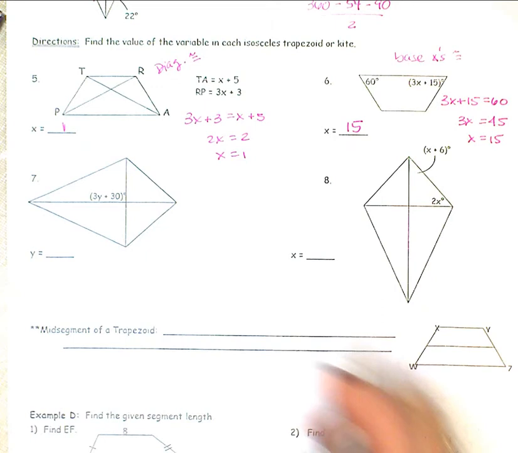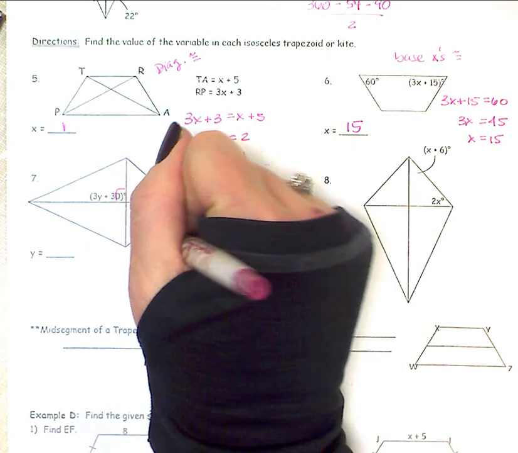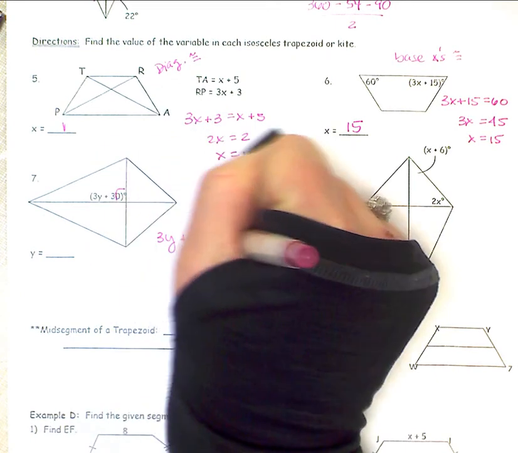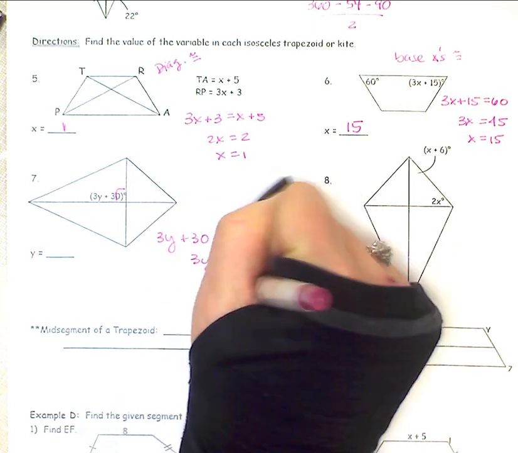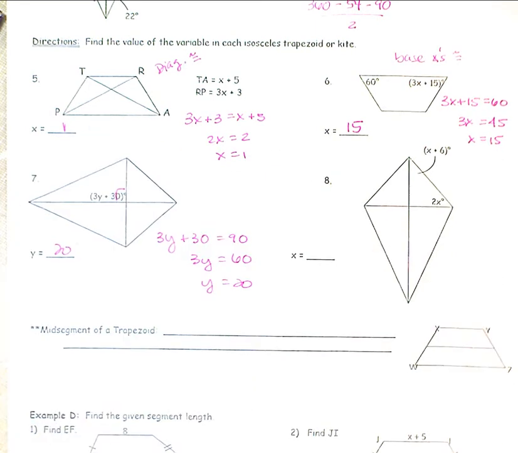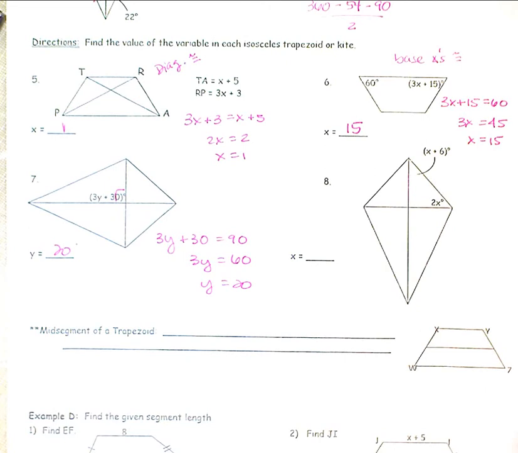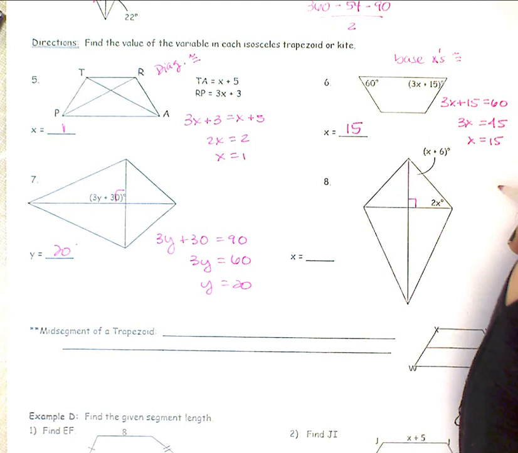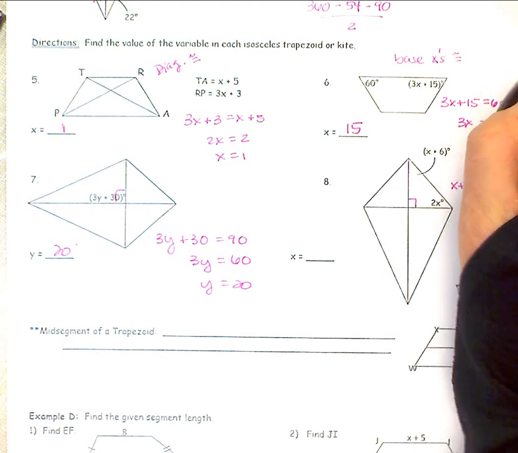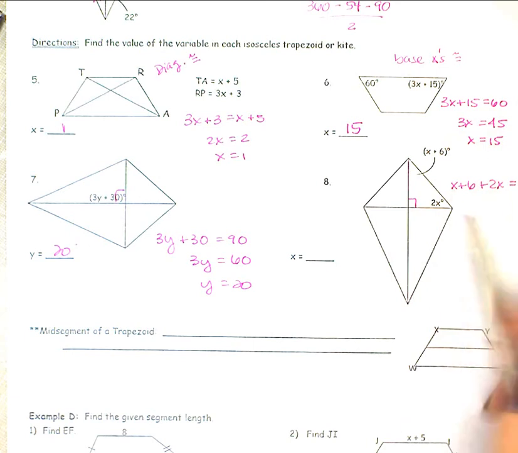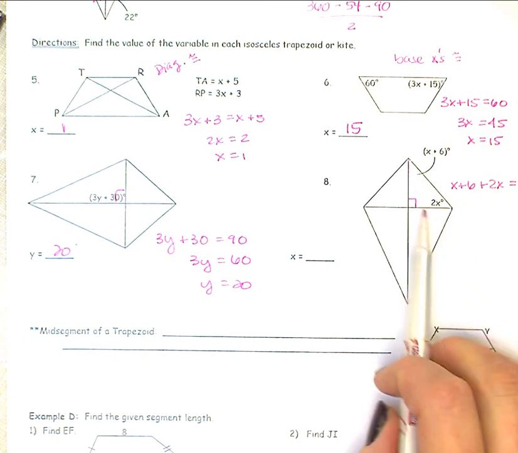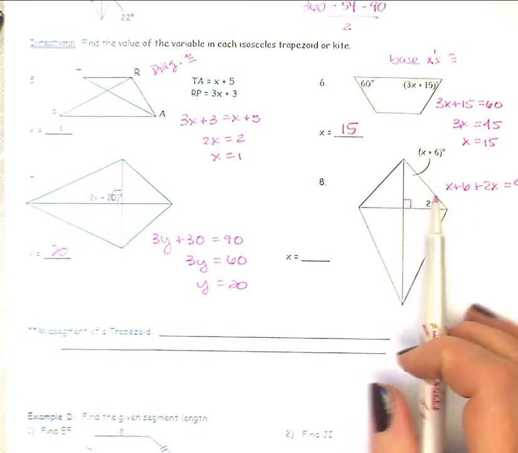This is a right angle, so that's another 3y plus 30 equals 90. 3y equals 60, so y equals 20. I was going to say it's another no-brainer, but that's not very nice, but this is good stuff. All right, this is 90, so that tells me that x plus 6 plus 2x is equal to 90. I could do x plus 6 plus 2x plus 90 equals 180, but that would get you right back to here.